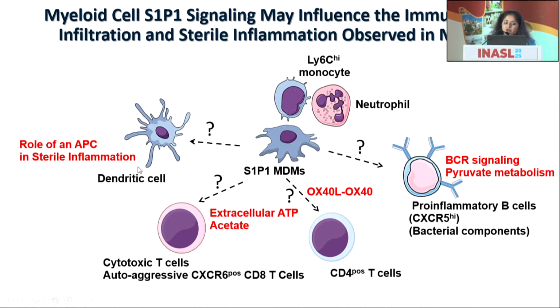Not a lot of data on dendritic cells because they are a professional antigen presenting cell and hard to understand what their role in sterile inflammation may be, but really a theme here is immunometabolism and metabolites that directly impact the sterile inflammatory response in MASH.